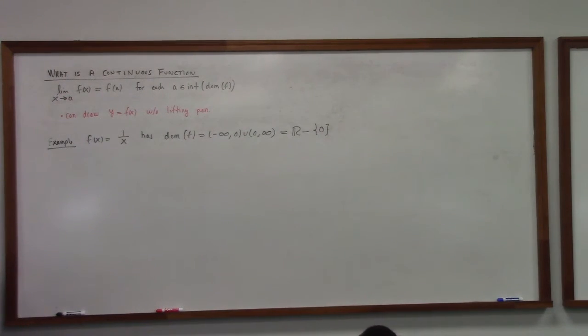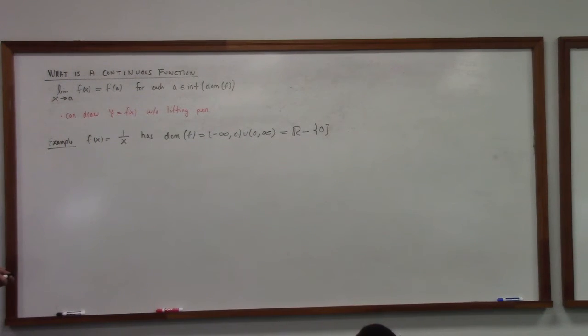Does the domain have any boundary points? The domain has one boundary point, actually. Well, is that a boundary point? I forgot my definition of boundary point. But the only kind of funny point here is 0. 0 is the point not in the domain.